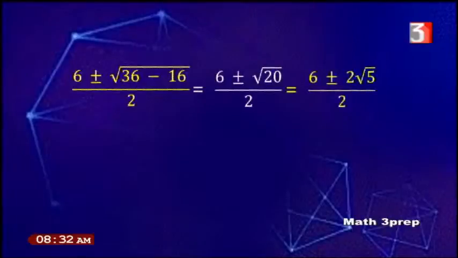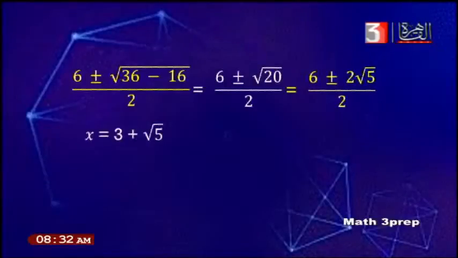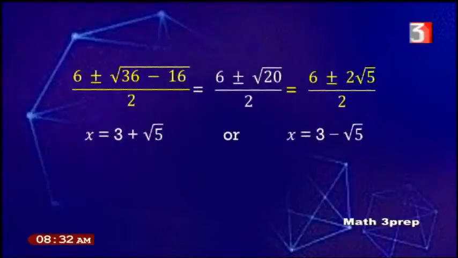And then it is going to be 6 positive or negative 2 root 5 over 2. By simplifying, you obtain 3 plus or minus root 5. So x will be 3 plus root 5, or x equals 3 minus root 5.